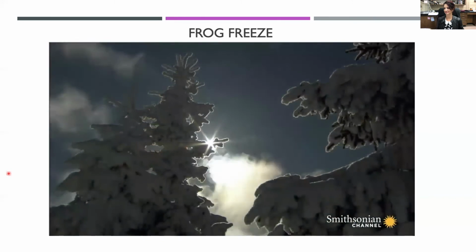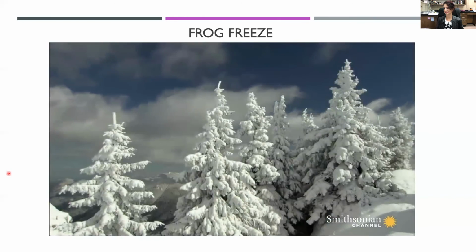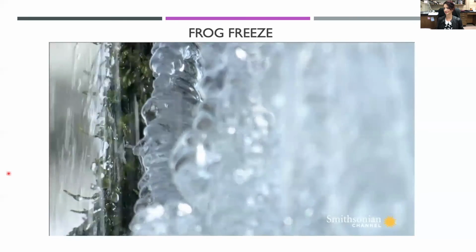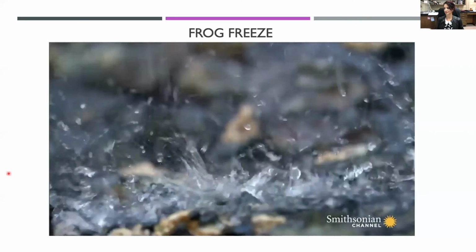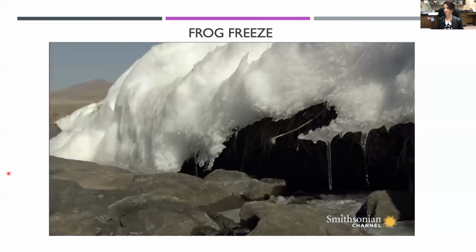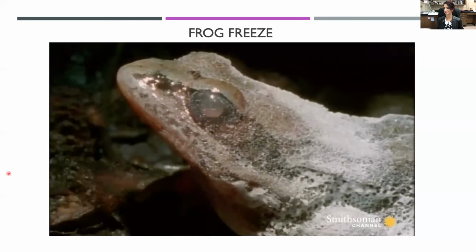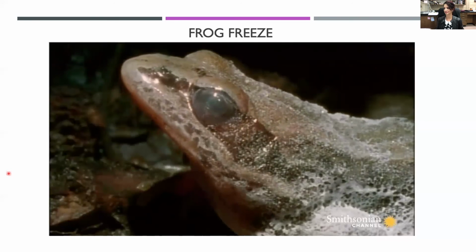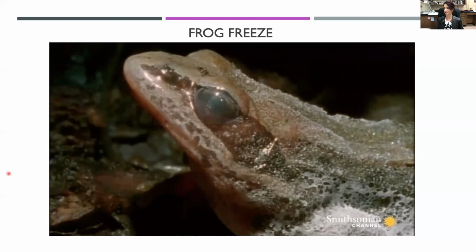After a grueling 8 months, spring arrives. The temperature's warm and the ice starts to melt. Hidden within his frozen tomb, the wood frog also begins to thaw. Water slowly flows back into his cells. They rehydrate and return to their original shape.